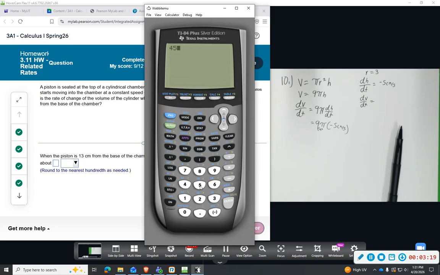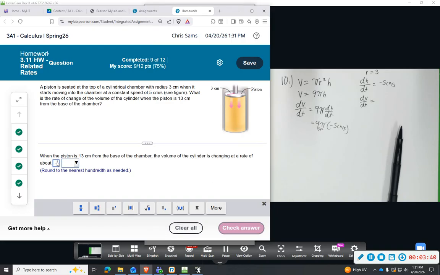Do 45 times pi. It should be negative. Here's negative 141.37. Centimeters cubed per second.